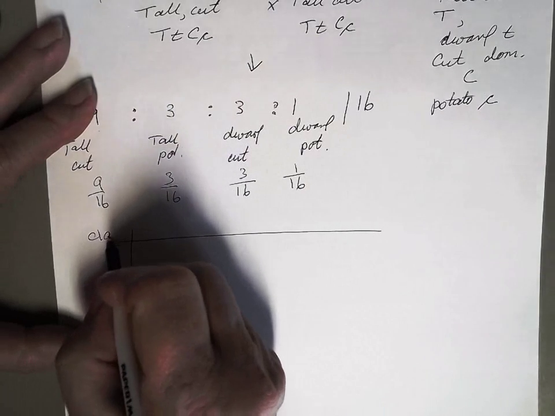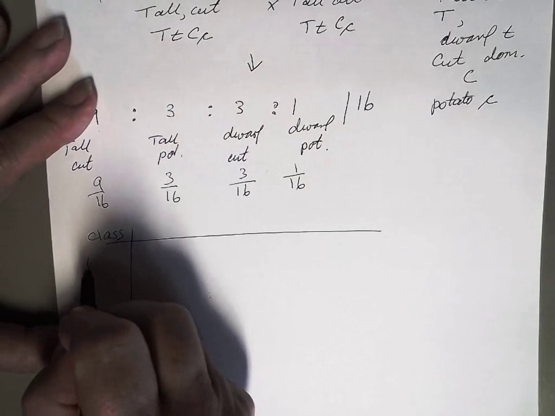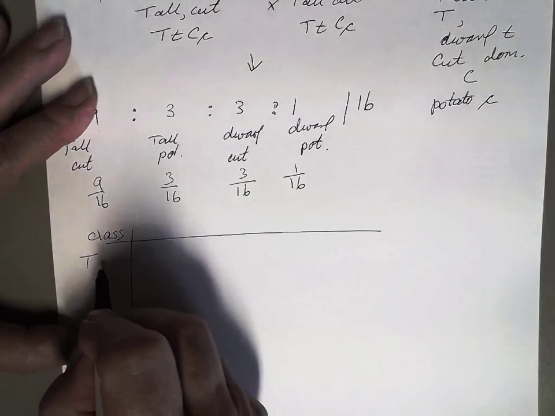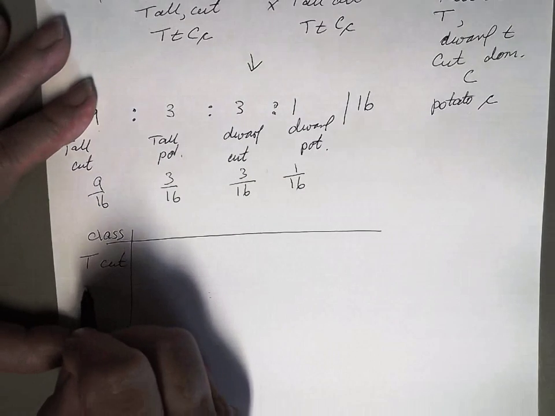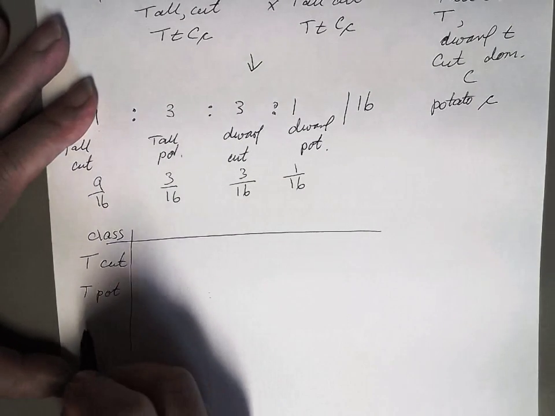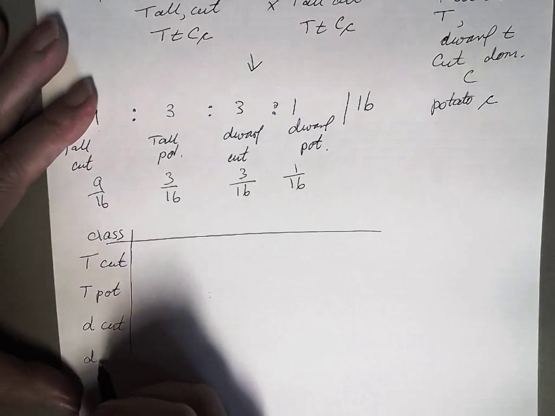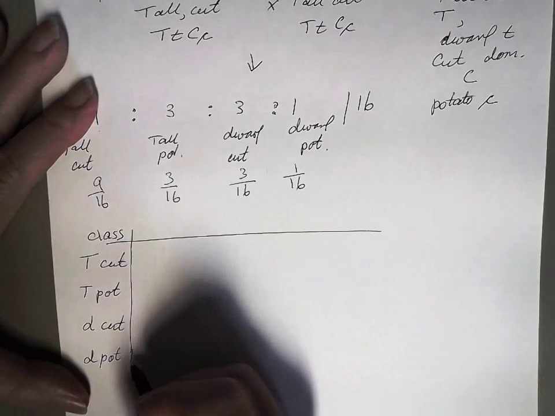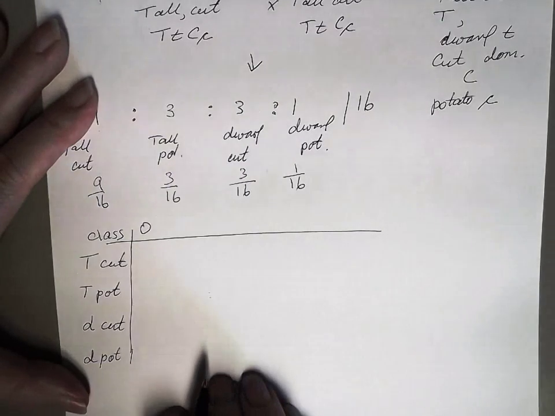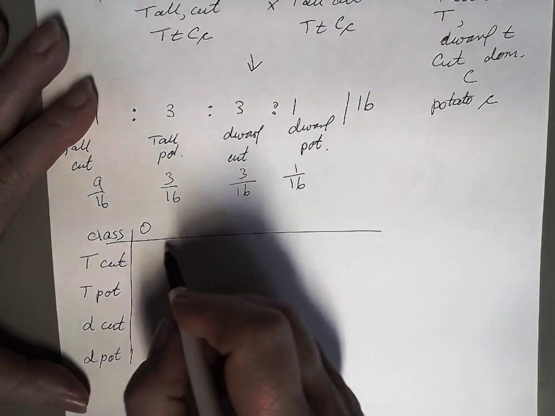In my first column I'm going to put the classes. Because of space I'm going to shorten these down a bit. In my next column I'm going to put in my observations of what I've seen.